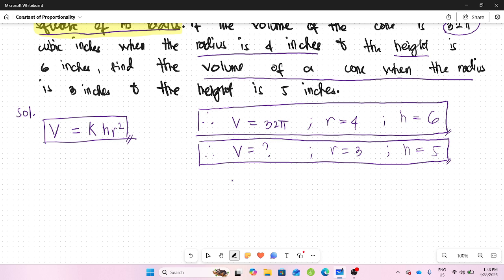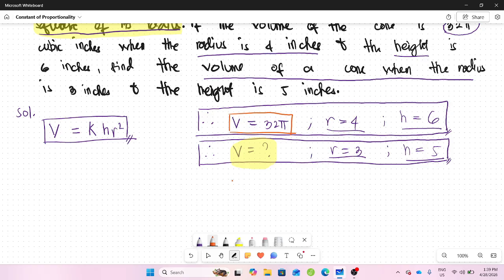Now, you would notice that the r from the first condition is greater compared to the second, as well as the height is greater compared to the second condition. So we would expect that our volume for this one must be less than the volume of the first condition.